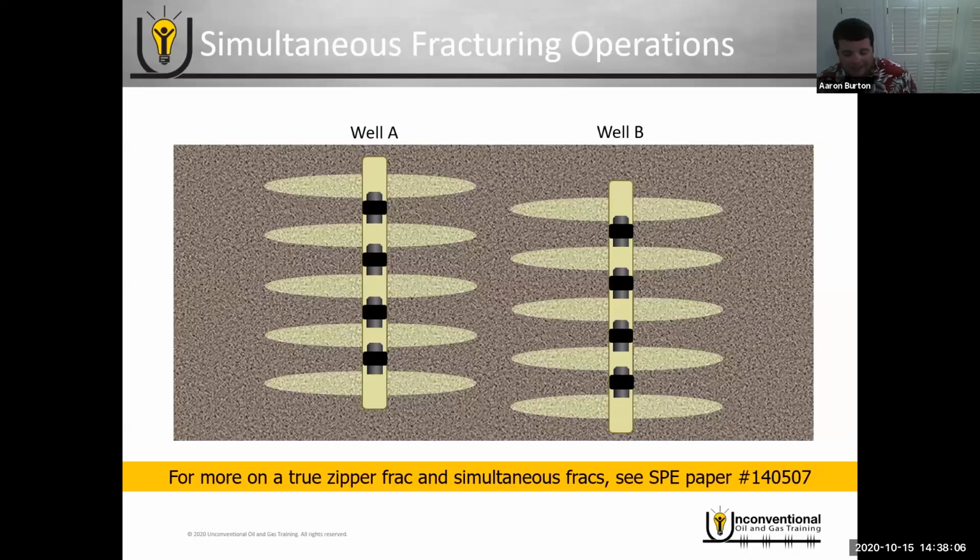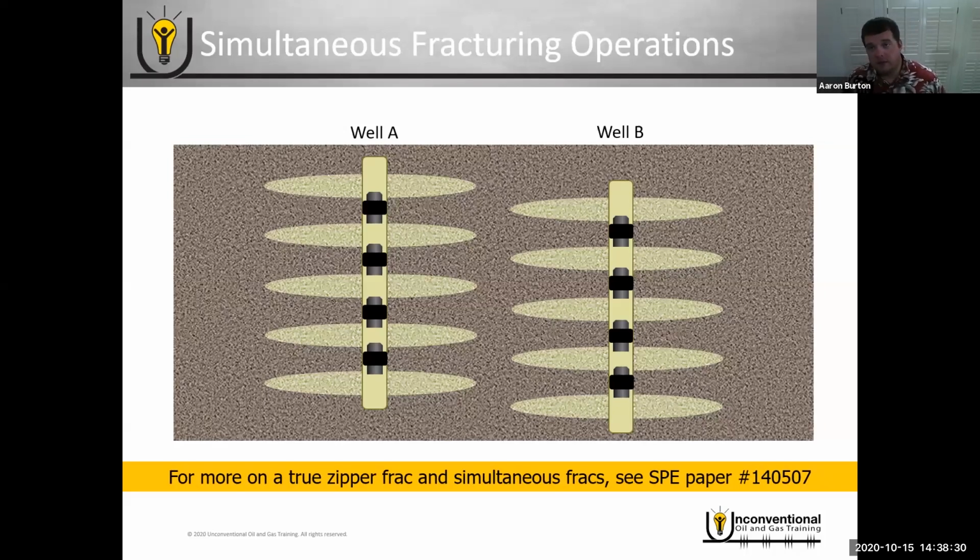Now, a lot of cases you're going to hear this technique called a zipper frac. In my opinion, it's a slang terminology, just because I was introduced to the concept of zipper fracs back in probably 2009. And so this is an SPE paper here if you want to know more about a true zipper frac and simultaneous frac, because they're very different objectives. They're not focused on surface efficiency.